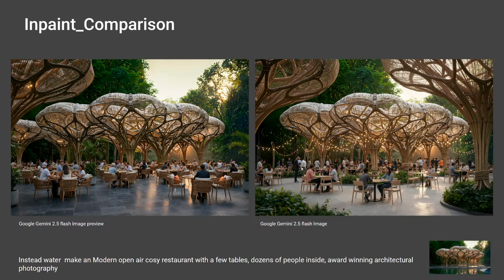The only thing with Gemini is that it's not really possible to mark the area you want to change. What you need to do, I can show you on this exact image.